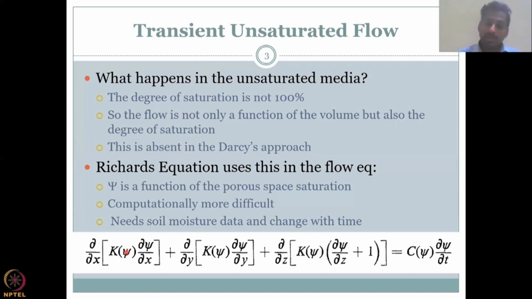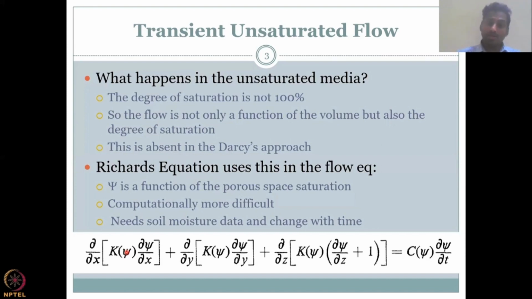So this is the basic setup of groundwater models, wherein you have some complex models which use Richards equation, and some very basic models which use only the Darcy's equation. There are takers for both these equations, because computationally we'll see how difficult it is to use Richards equation, because you need to give the data.